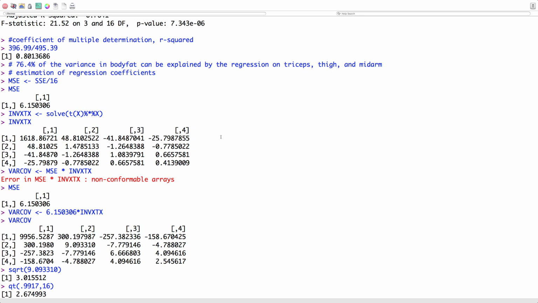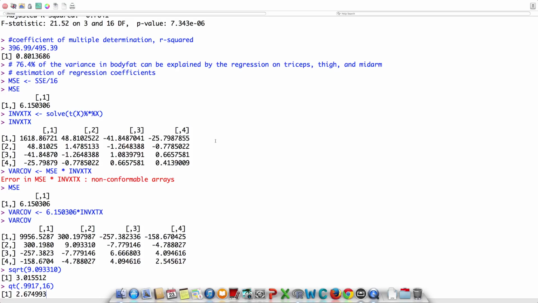At the end of the previous video, I had created the variance-covariance matrix, which you see there, and we were examining the standard error for B1, which is where the second row and second column intersect. I took the square root of 9.09 to get 3.015, and I calculated the Bonferroni T critical value to be 2.67.